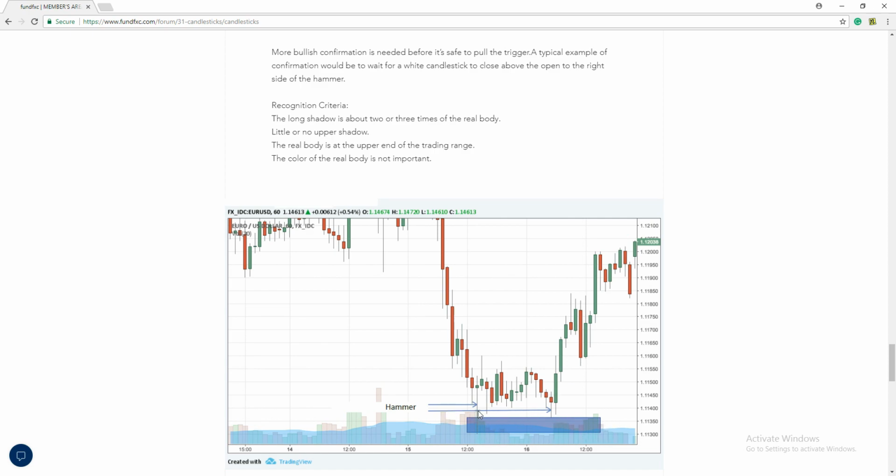When this defined area of support is confirmed, we look for the hammer, bullish engulf, morning star, and then we can obviously take the trade. As you can see here, this is a bit of a morning star and a bullish engulf over here, but the hammer was our first actual signal telling us that this trade wants to turn and go back to the upside. So that's the hammer.